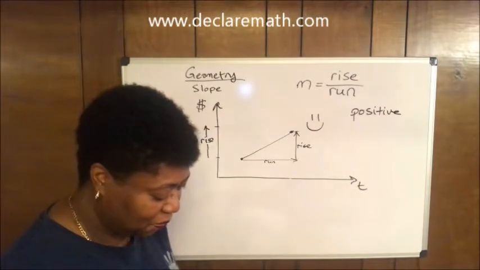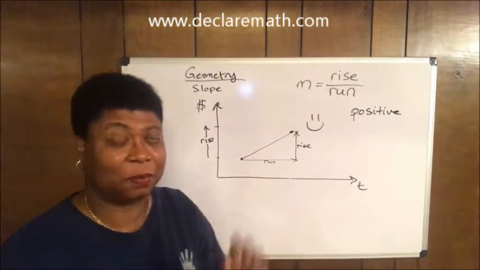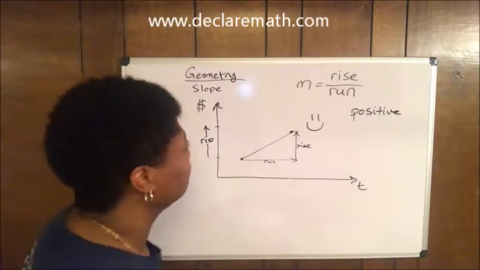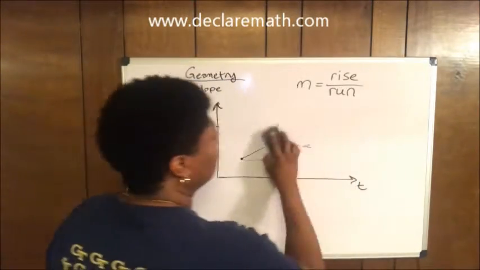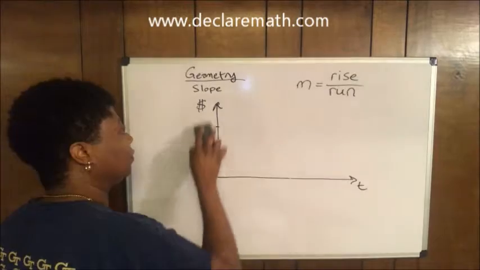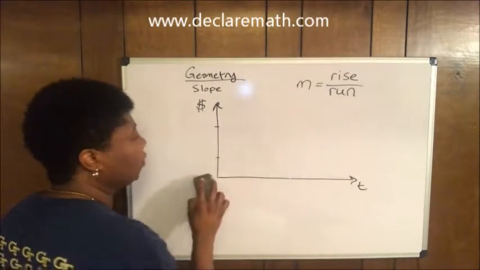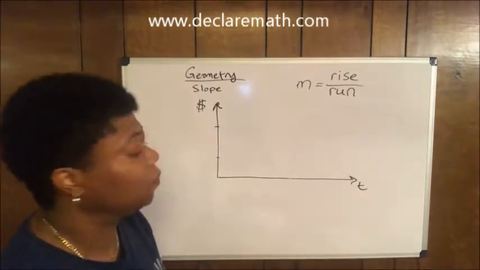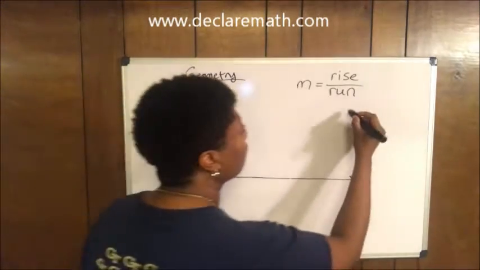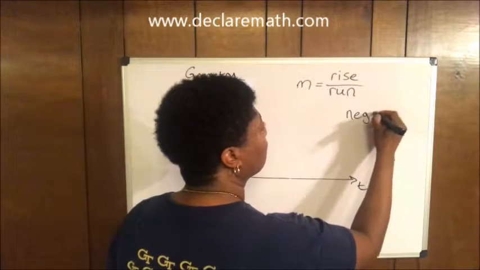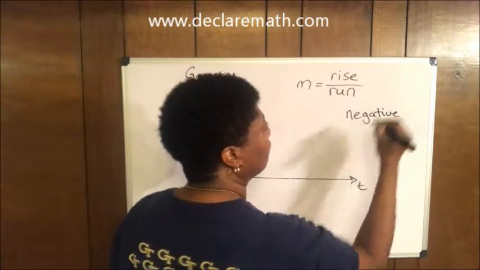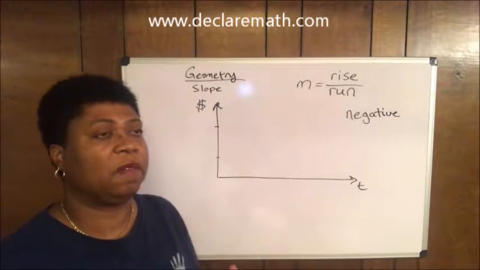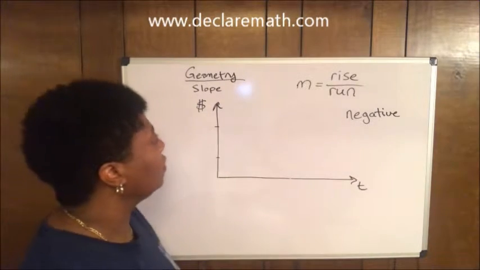Now, I told you there are 4 types of slope. Positive is your first one. What's your next one? We just talked about positive slope. Now we're going to talk about negative slope. What does it mean to have a negative slope physically?